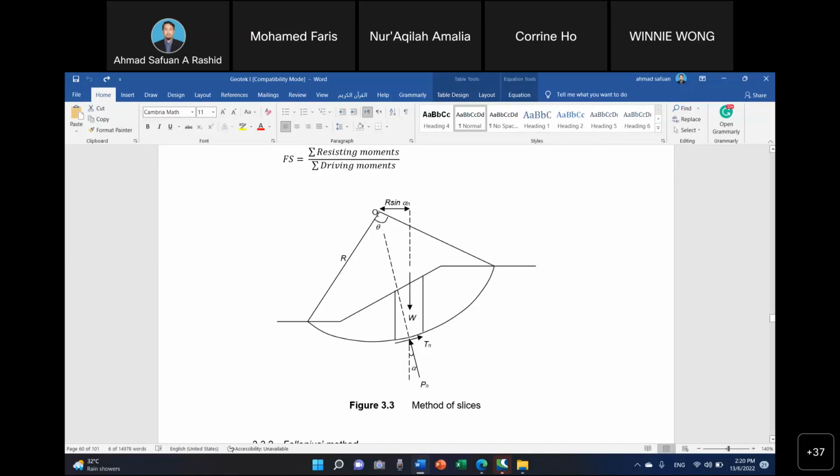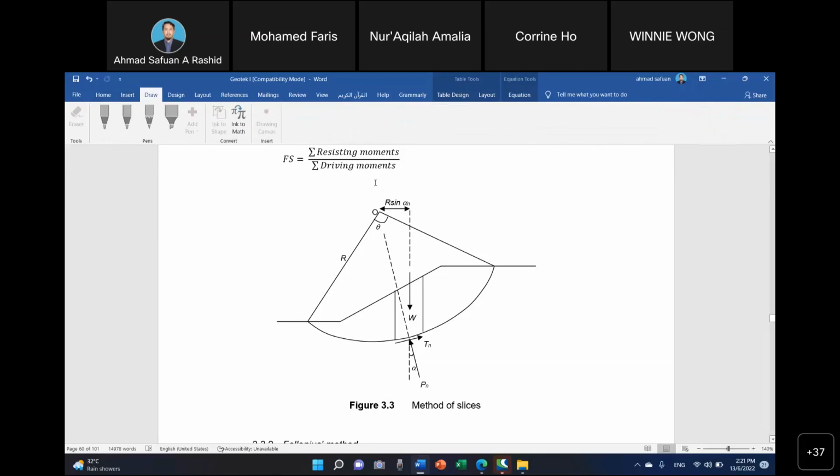In order to solve the problem related to slope analysis, you need to bring your protractor. So the first step, let me show you how. Let's say this is your slice.